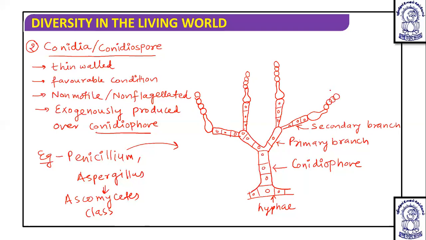In this chain, this is the sterigmata, which are also known as phialides. And over this is the young conidium. Conidium is the singular of conidia. And this is the old conidium.